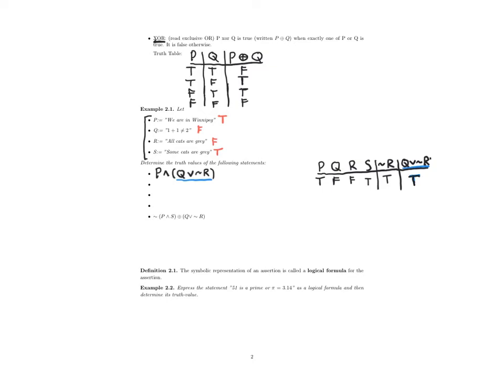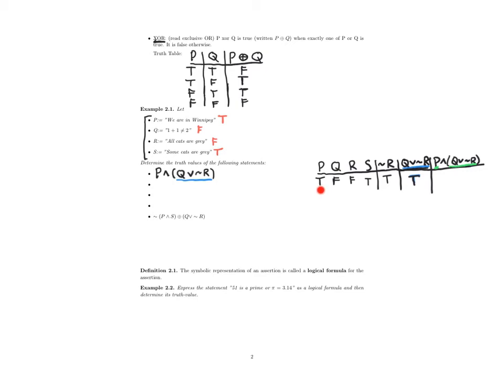And then finally, we have kind of everything put together. We have P and Q or the negation of R. So here we have an and with two parts. We have the P part, and then we have the Q or the negation of R part. So let's look at the truth value of each one of those.